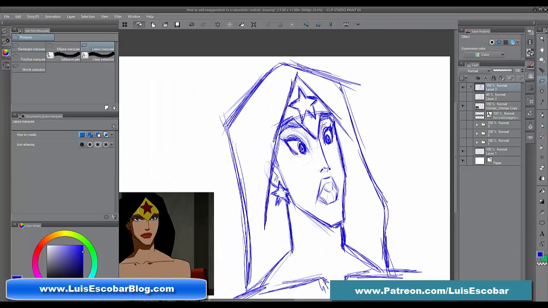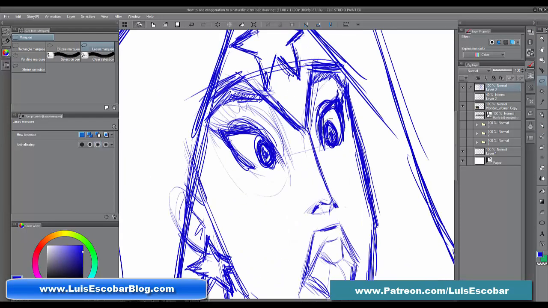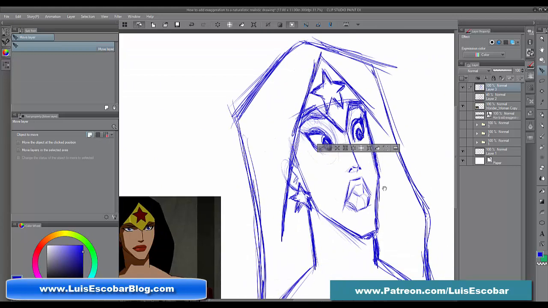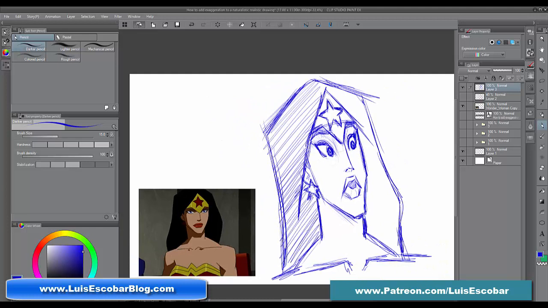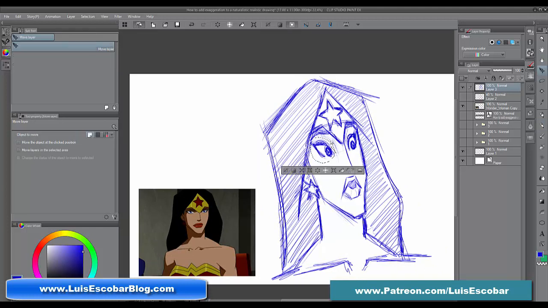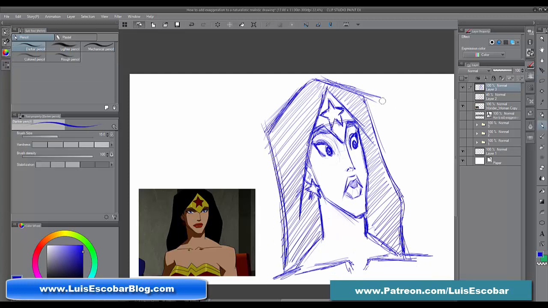Now, it's not the most perfect drawing in the world. Her eyes are off, so I just made some adjustments. I didn't want to make her look kind of goofy. So yeah, this is what I would do if I was going to do a stretch pose for Wonder Woman.